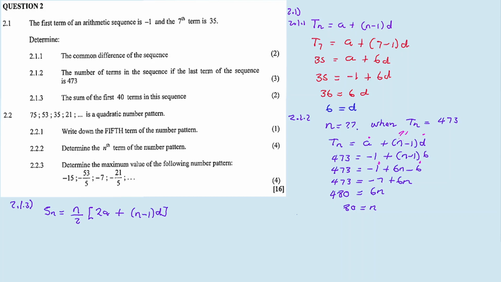2.1.3, right? Ngifuna the sum of the first 40 terms in this sequence. So lana ngivela ne formula of Sn equal to n over 2 times 2A plus n minus 1 times d, or ungasebenzisa this one as well.